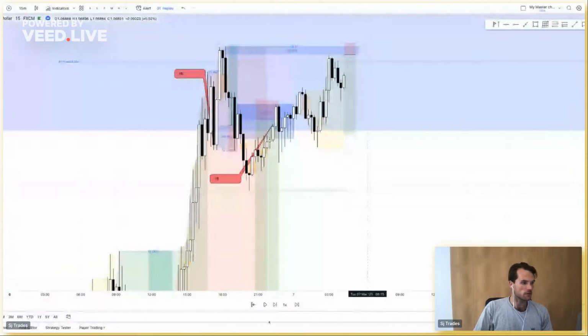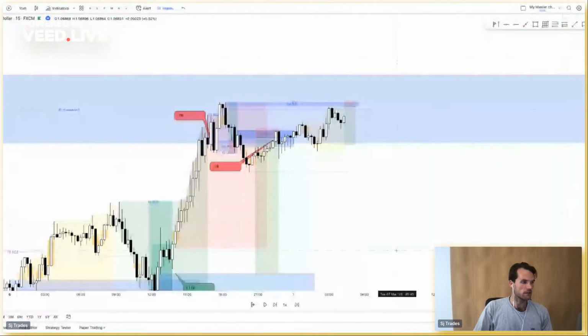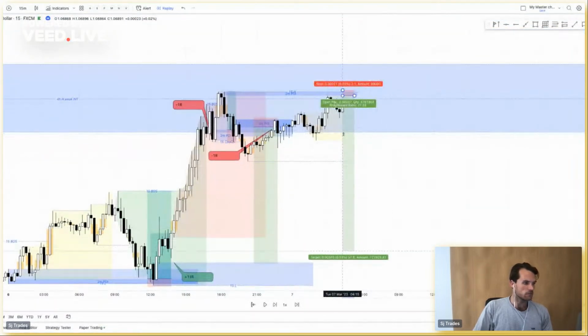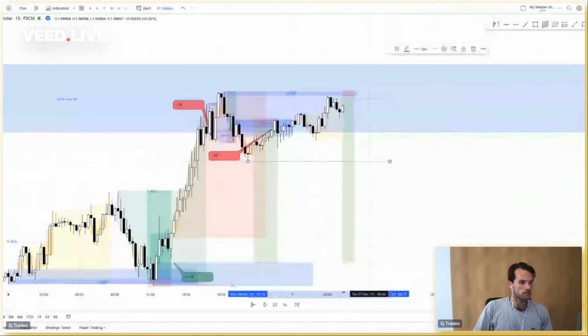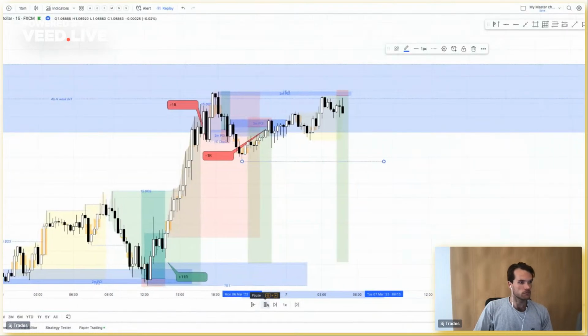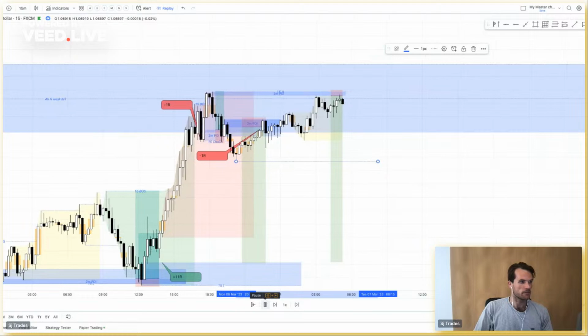If that's meant to hold, it's meant to hold. So, and then again, 15 demand still. Let's see. What would be in?